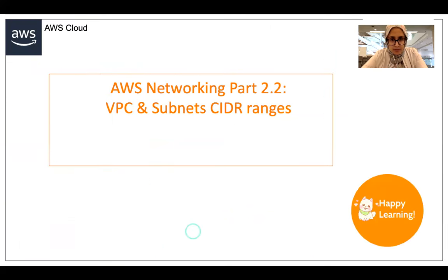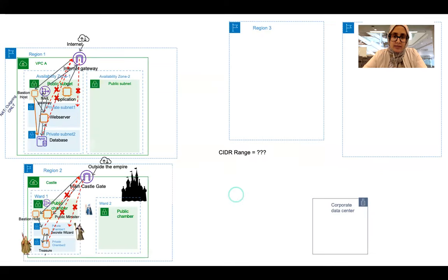Did I make a mistake saying VPC and subnets? What I meant was VPC subnets and CIDR ranges. But anyways, the main thing we will be covering in this one is CIDR ranges. And let's see what a CIDR range is, right?